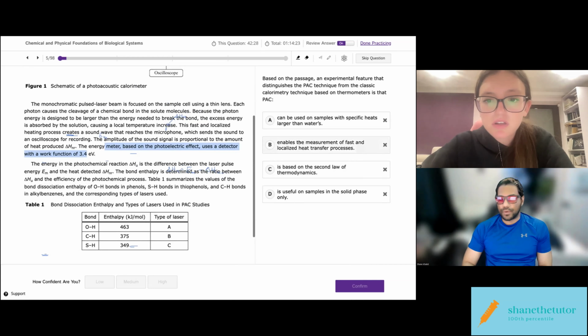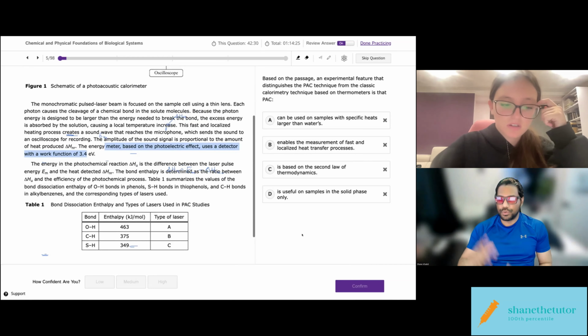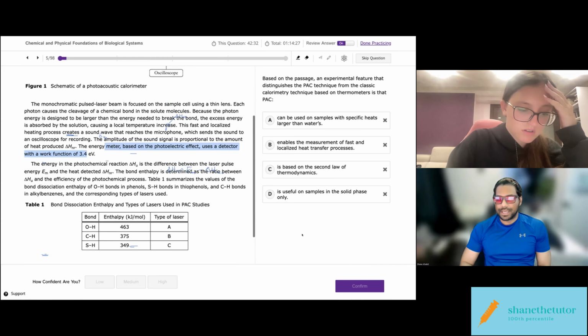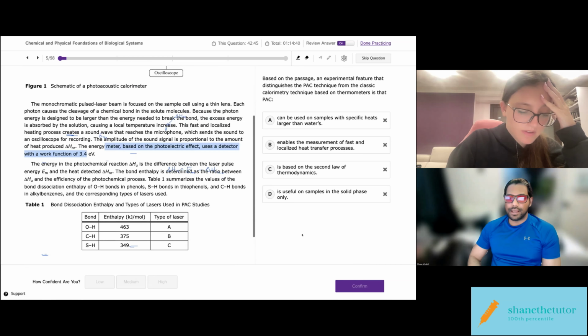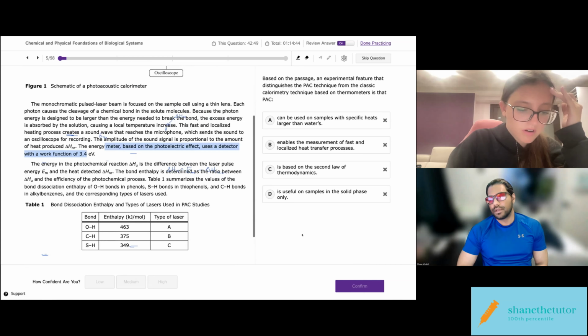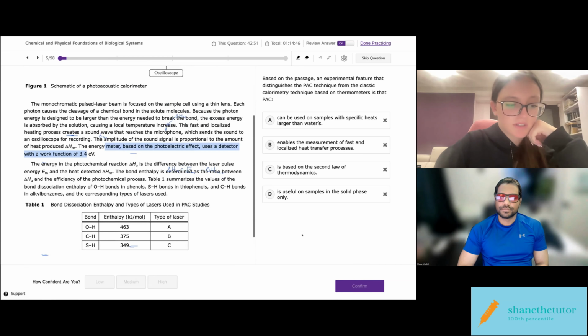So that first example that I drew with that bomb calorimeter would be an example of one that used thermometers, right? So now they're just asking what makes the PAC, the photoacoustic type, different. Weren't they all using thermometers though, because it's a measure of heat?